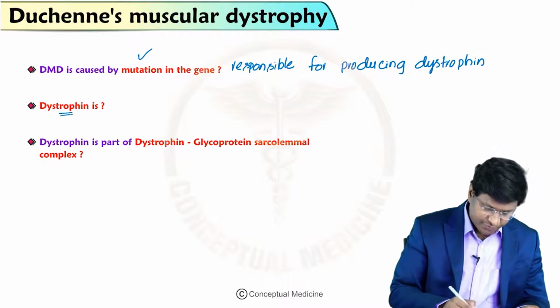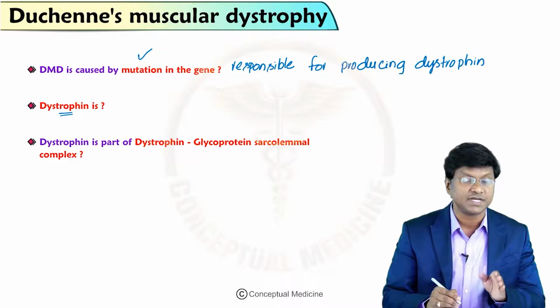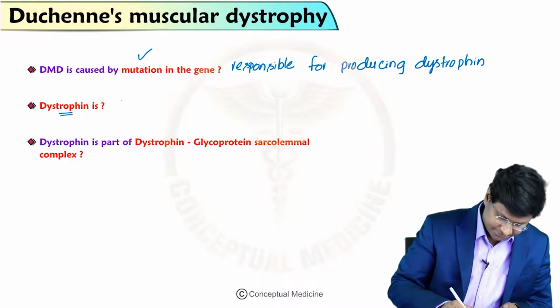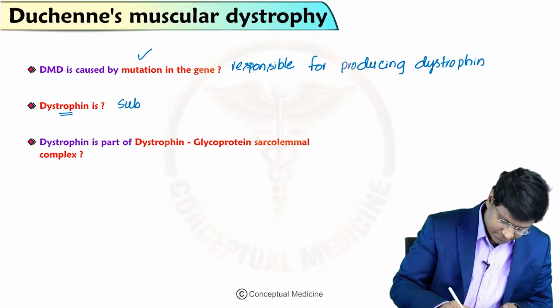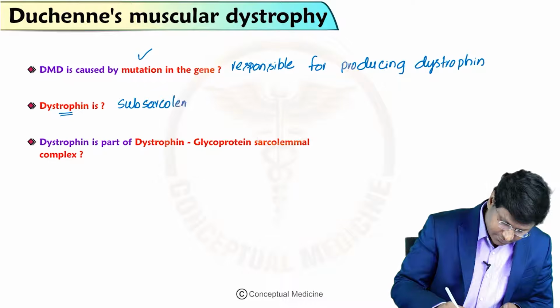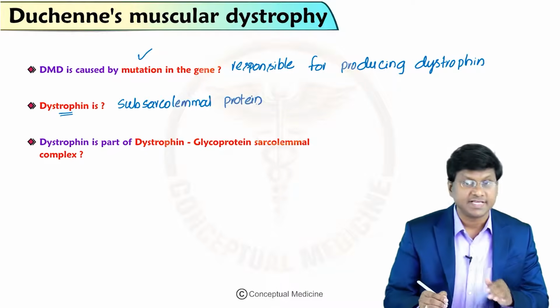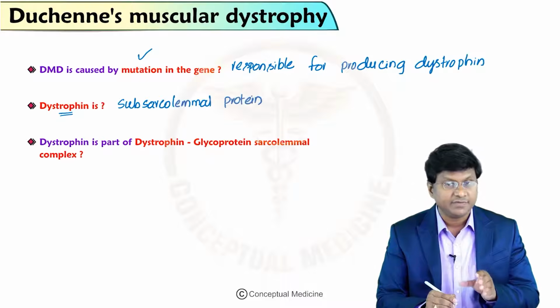And what is this dystrophin? Dystrophin is a subsarcolemmal protein. And where is it localized?